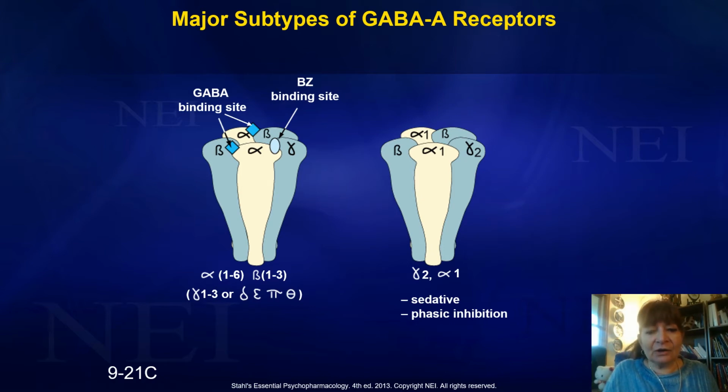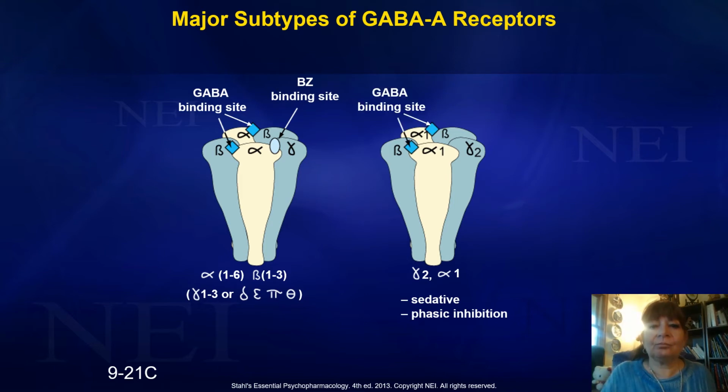So depending on how these isoforms combine, the GABA receptors are linked to different functions in the body. And there we see on the other one GABA binding site and the benzodiazepine binding site.